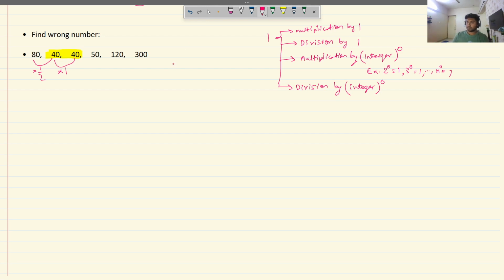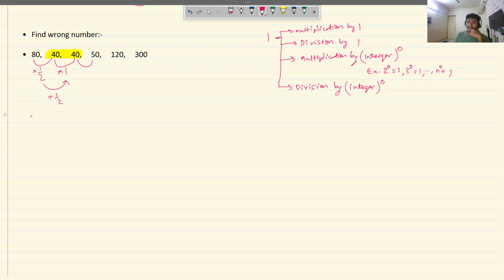So this is half, this is 1, so the multiplication factor has increased by half.